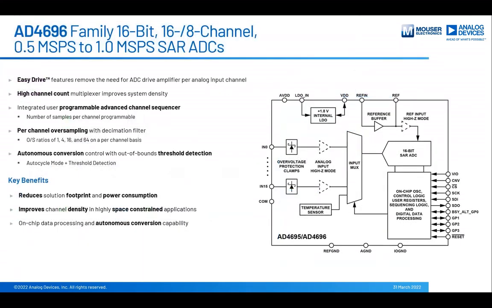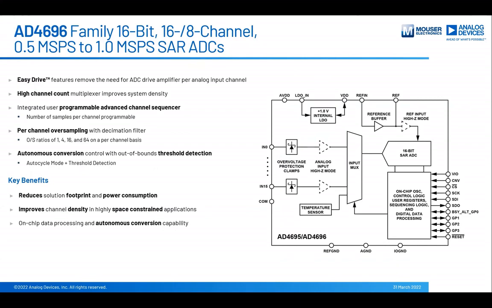The AD4696 is a game changer in many applications, but especially low power applications where space is constrained. The Easy Drive or high-Z analog inputs and reference inputs enable high density measurement solutions, making it easier to choose from a broad range of analog front-end solutions. Thus, it offers more flexibility in decisions and trade-offs that need to be made.